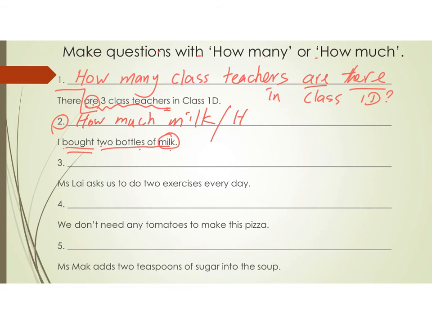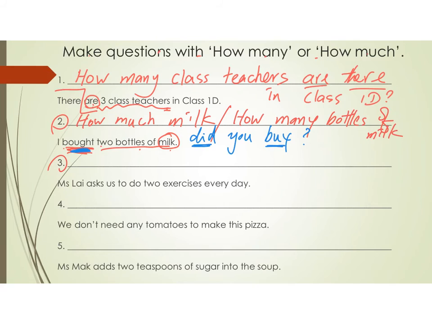Or you can say how many bottles of milk. And then here it is the past tense, so you have to add did. You, and then do not say did you bought, but did you buy. Okay, bought, you change it to did you buy. How much milk or how many bottles of milk did you buy?